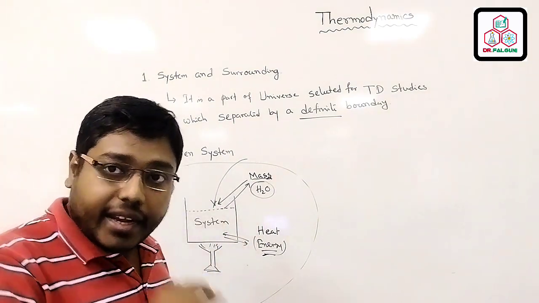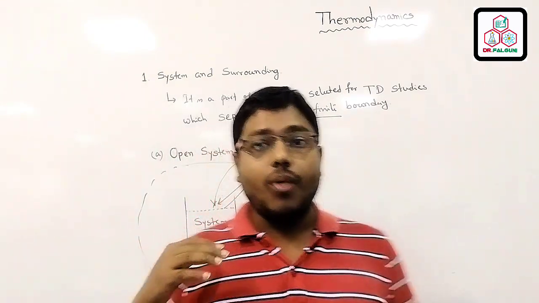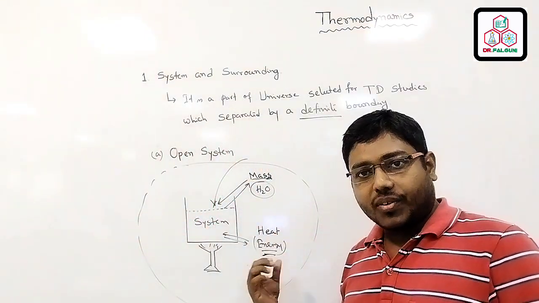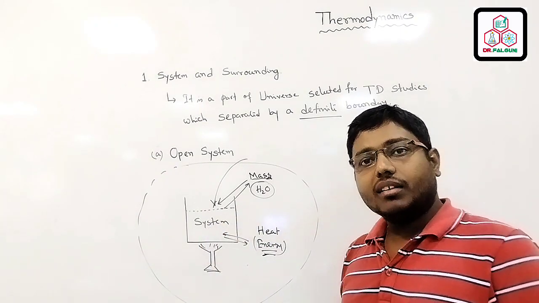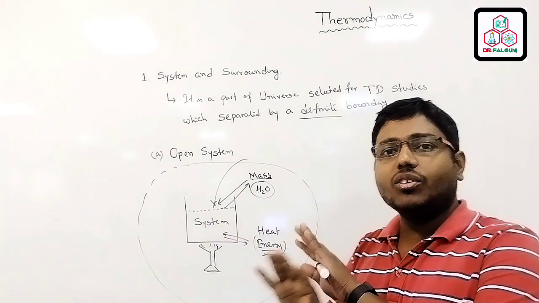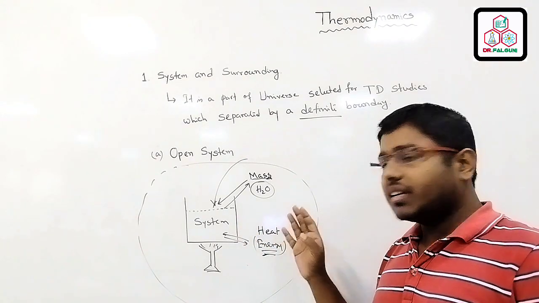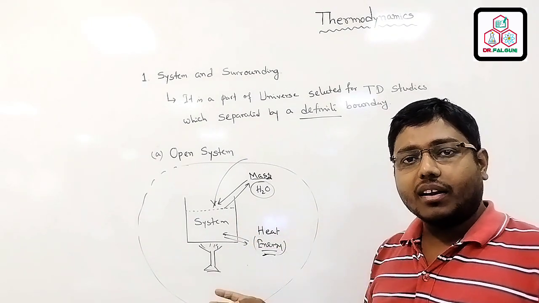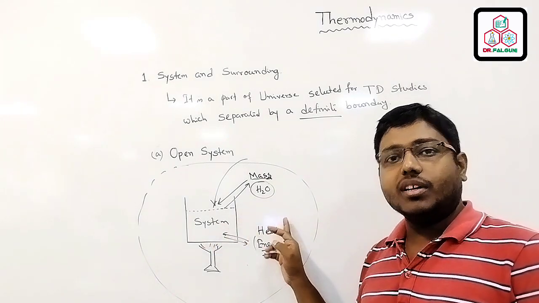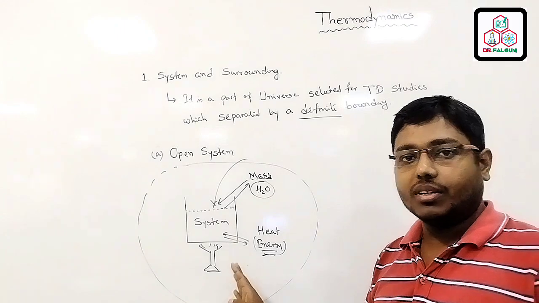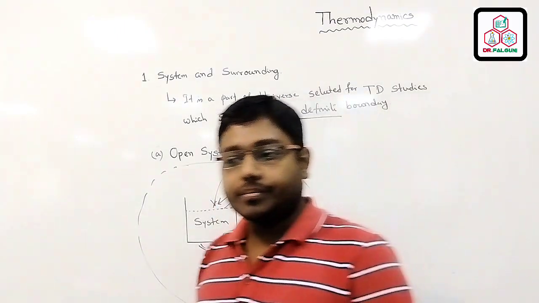That means heat energy and water can be transferred either system to surroundings or surrounding to system. There is no limit. Mass or energy can be transferred either way. That means both are allowed. This is called open system.